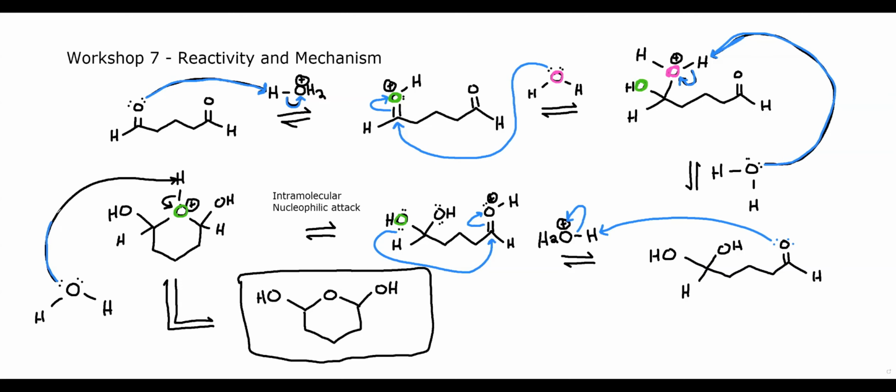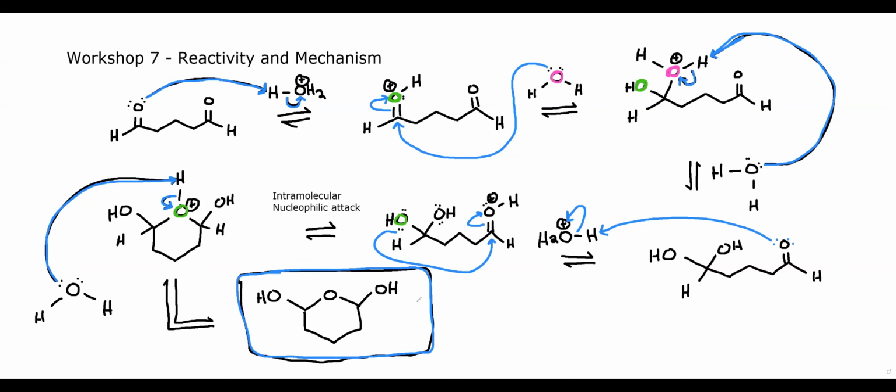So we're grabbing the hydrogen. This is a proton transfer. We're taking that hydrogen away, and we're leaving behind its electrons, because we want to get rid of it. If we look at the product down here on the bottom, it does not have that hydrogen, so we want to get rid of it.